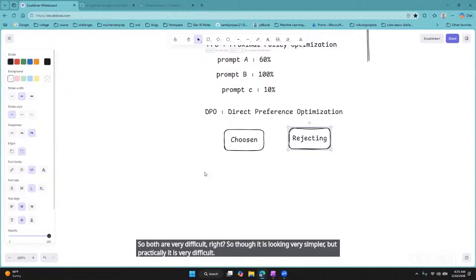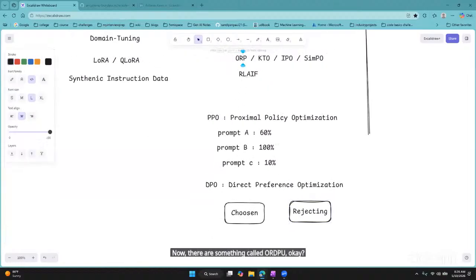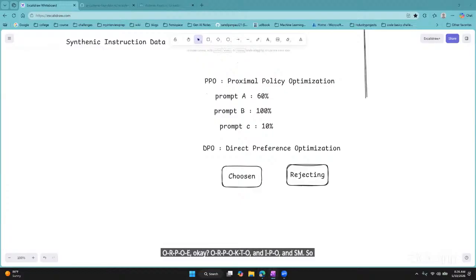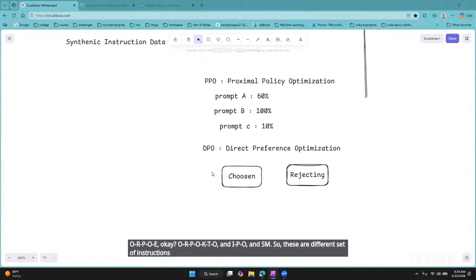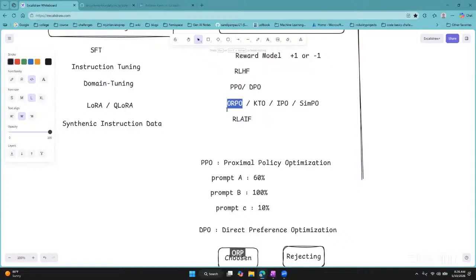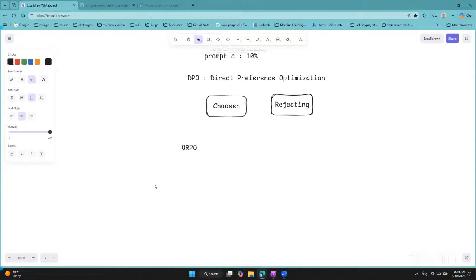Now, there are other methods called ORPO, KTO, IPO and SM. These are different sets of approaches. ORPO stands for odds ratio preference optimization.